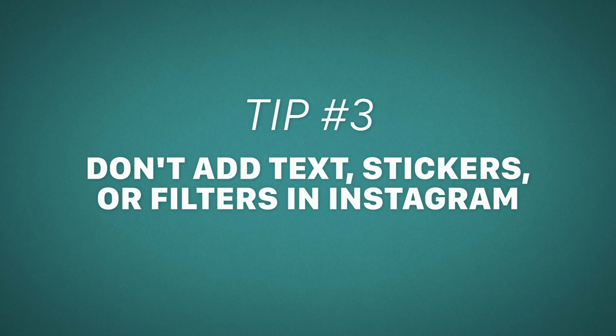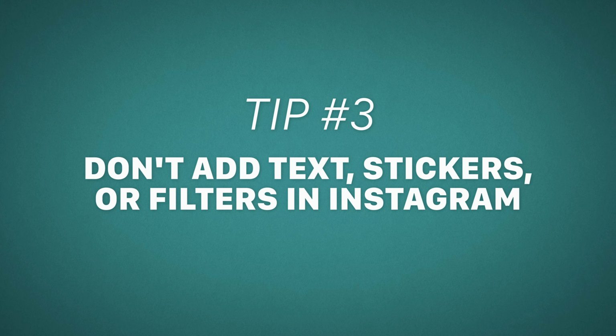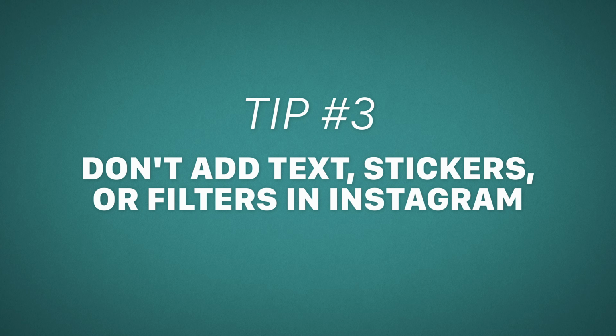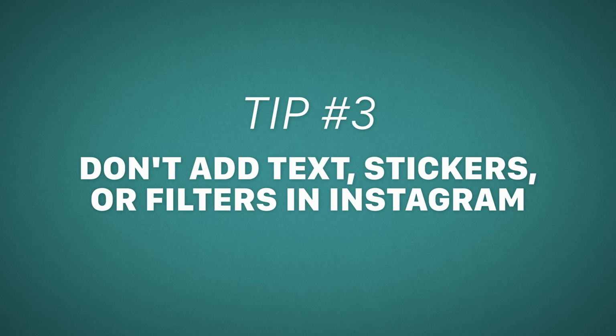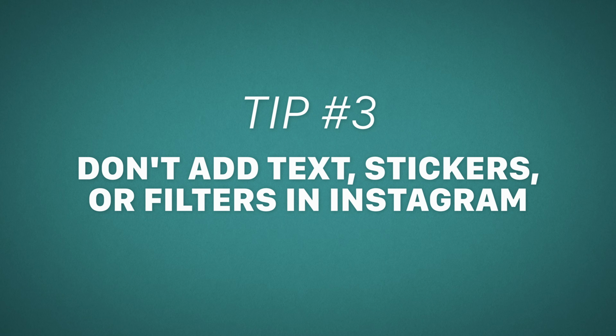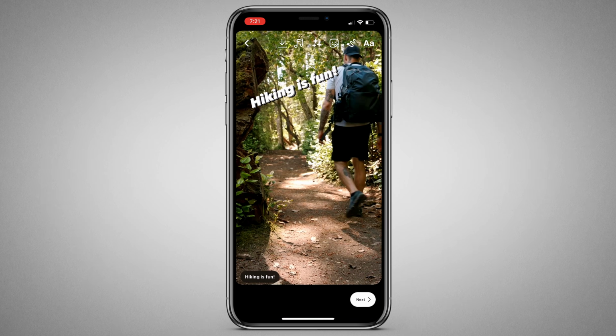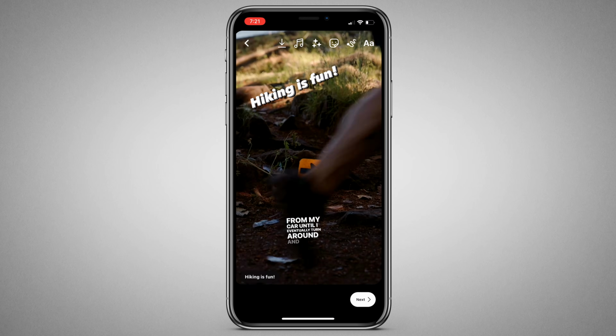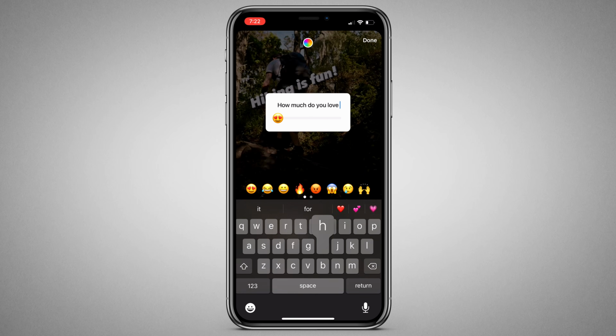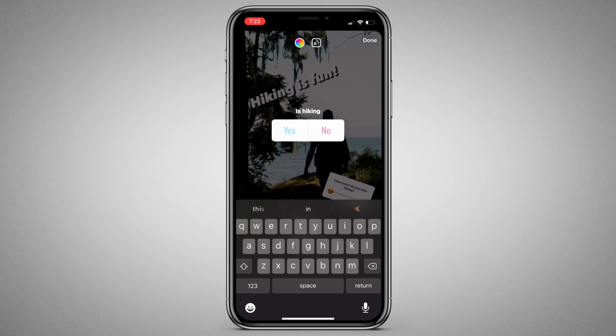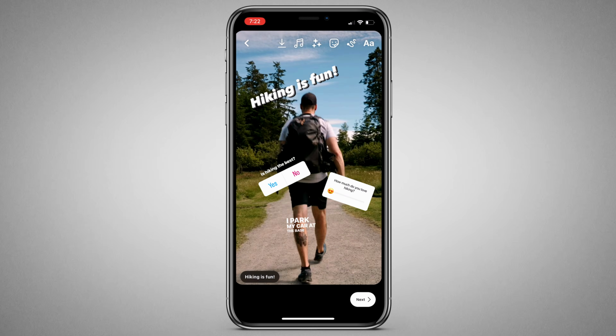The next tip is to never add text, captions, stickers, filters, or anything like that in the Instagram Reels editor. Again, my assumption for why this happens is because if you add anything visual onto a video itself, Instagram has to create a new version of the video and recompress it to then display to your viewers.